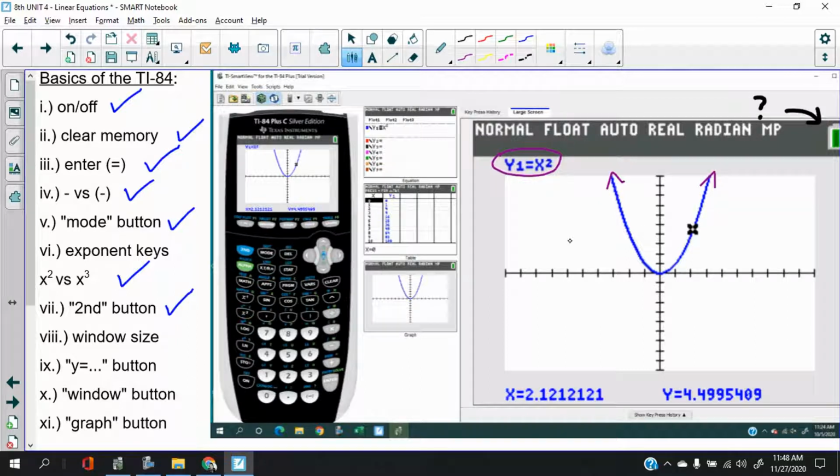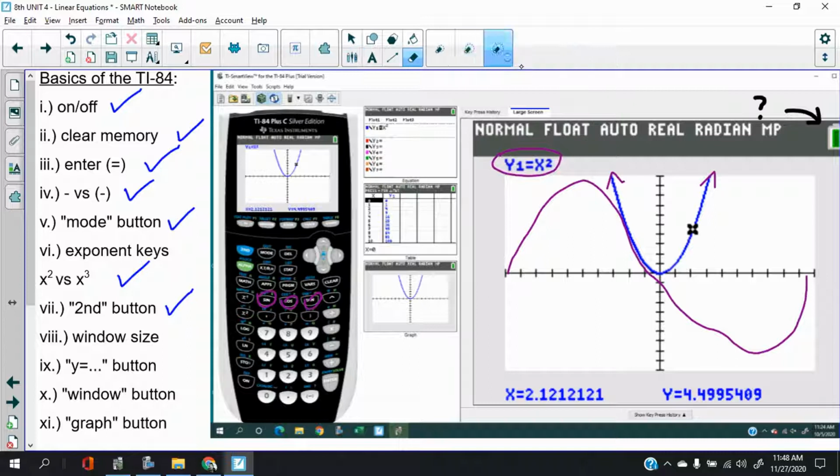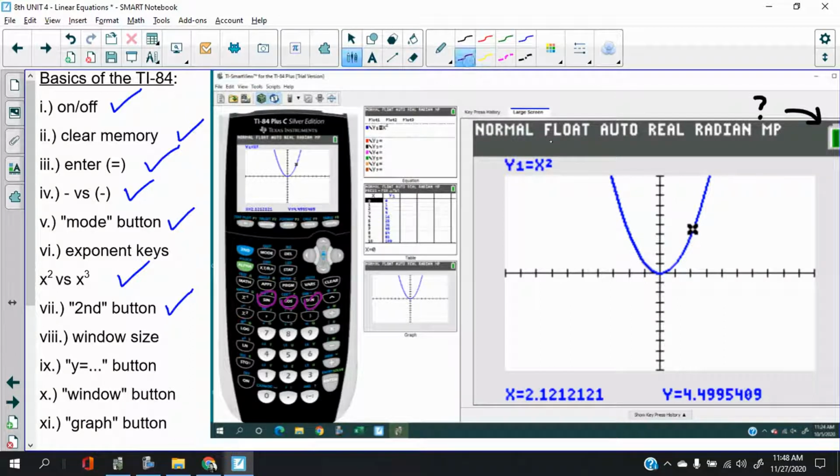Sometimes when you graph something, especially later down the line with sine, cosine, and tangent, you get lines that look like this. And sometimes, depending on the equation, the line looks even more ridiculous. What I mean by that is that the numbers given in the equation are so large that you only see bits and pieces of the graph.